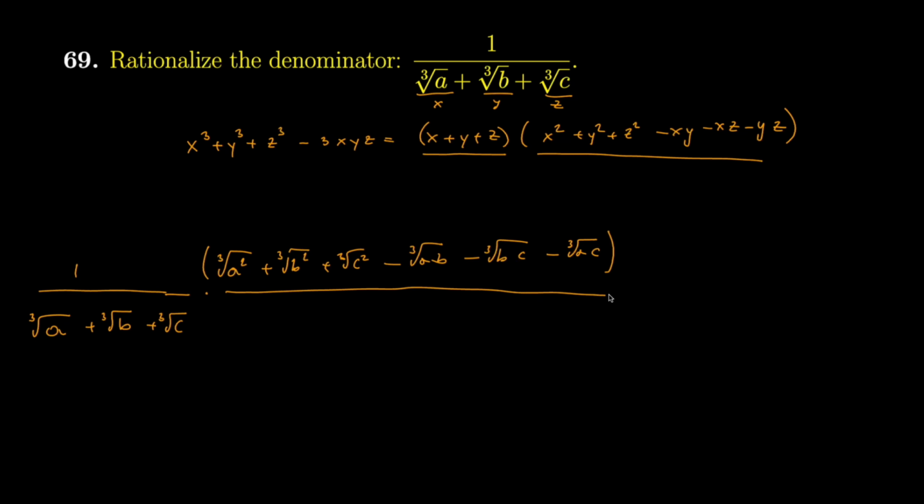And in the denominator, again, we have the same expression here. Assume that we have the same expression down here. But what happens if I multiply this one and this one? That gives me this formula, right? Cubes of the first three numbers.